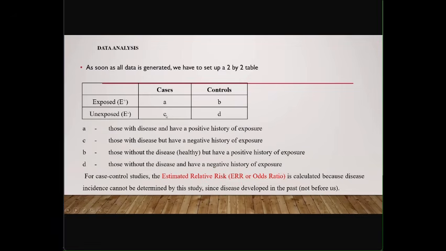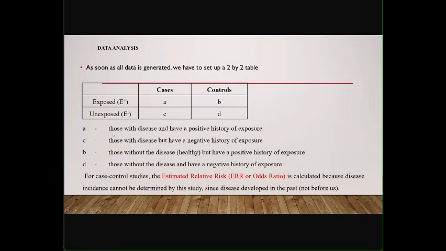Then C, below, those also with the disease but have a negative history of smoking. Why? Because smoking might not be the only cause of lung cancer. So they have the disease, but they are not smoking. Their lung cancer could have come from some other sources, right?